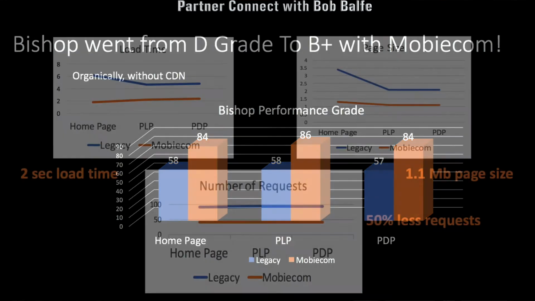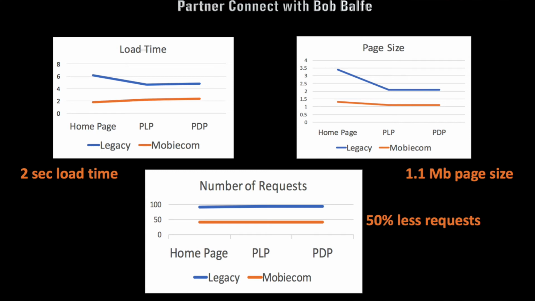If we look at the different statistics by the numbers, we essentially see about a 2-second load time across the board with Mobiecom versus the legacy application. We saw over a 6-second page load time for the home page, and then we averaged about 4 seconds for the product listing and product display page. But you could see Mobiecom was pretty consistent across all 3 pages. Same thing with page size. With Mobiecom, it was right around 1 megabyte, versus the legacy homepage at about 3.5 megabytes.